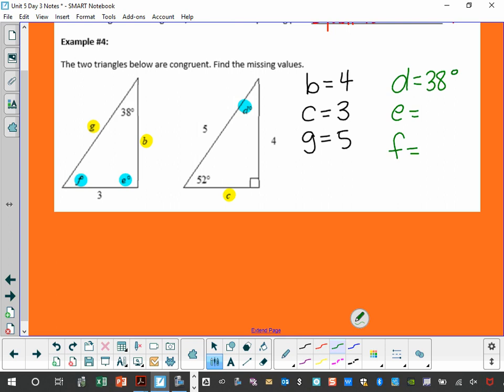Good, 90, that's a tricky one. So they didn't write 90 in there, but they did give us this right angle. So that means that E is also a right angle. And then F equals what, anybody? 52 degrees. Does this make sense how these two figures are matching up?